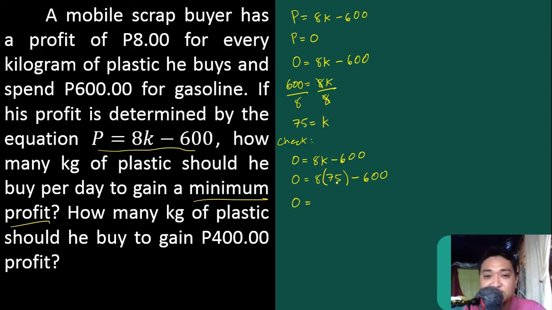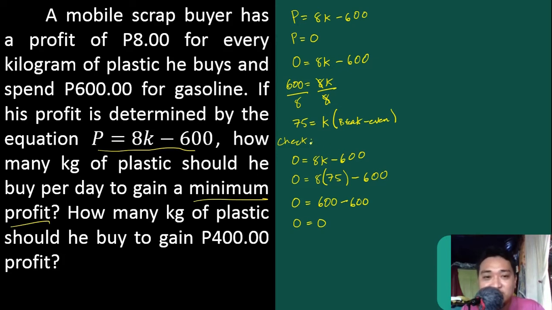So again, 8 times 75 is 600 minus 600, so that is 600 minus 600 is 0. Ibig sabihin, wala siyang kita for that day. Meaning, yung 75 kilos, yan ang tinatawag nating break even. Tama nga po yung break even natin. Break even. O ibig sabihin, siya yung patas na result. Walang kita. Zero profit.